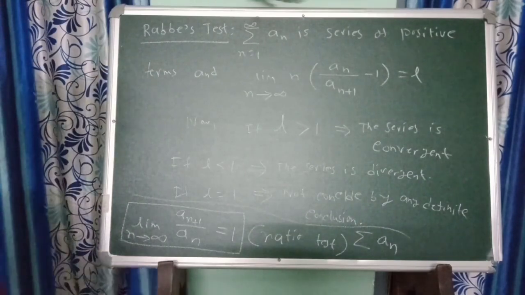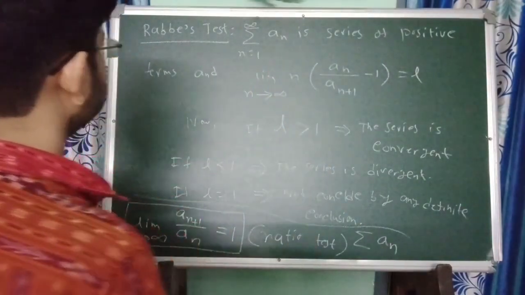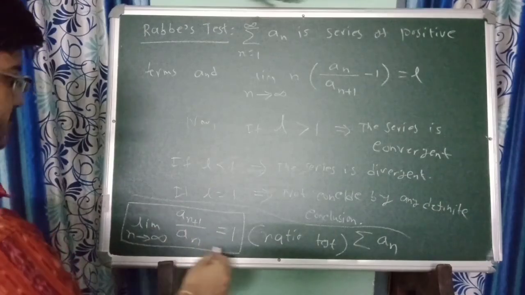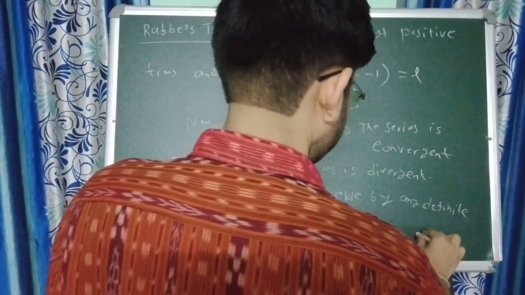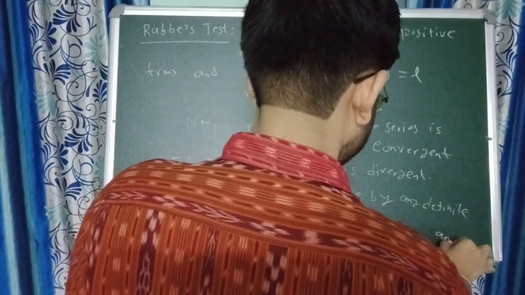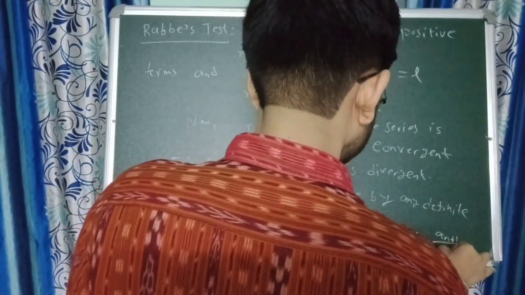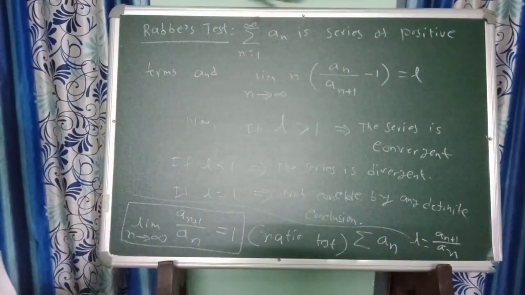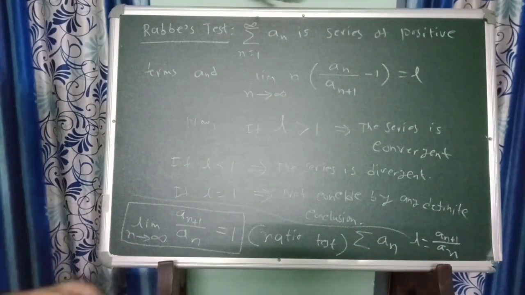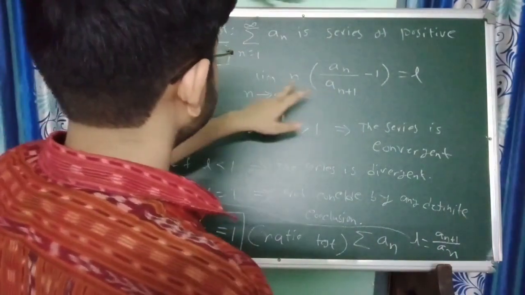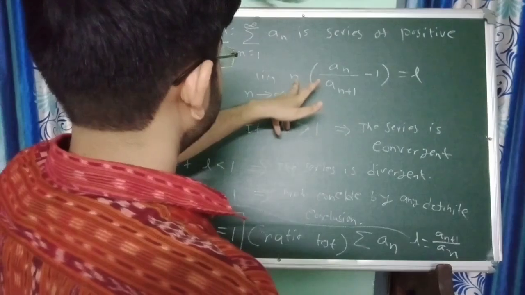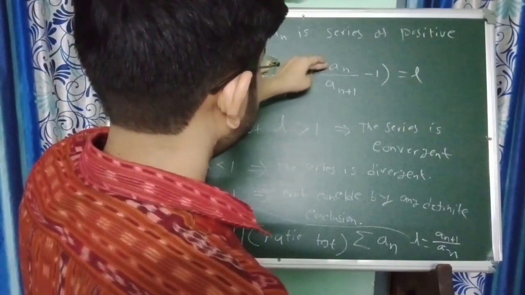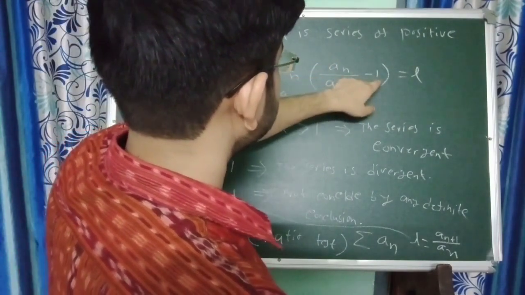Assume that summation a n is a series of positive terms, and in case of ratio test, we consider L equals to a n plus 1 divided by a n, and in case of Raabe's test, we consider L equals to the limiting value of n tending to infinity n into a n divided by a n plus 1 minus 1.